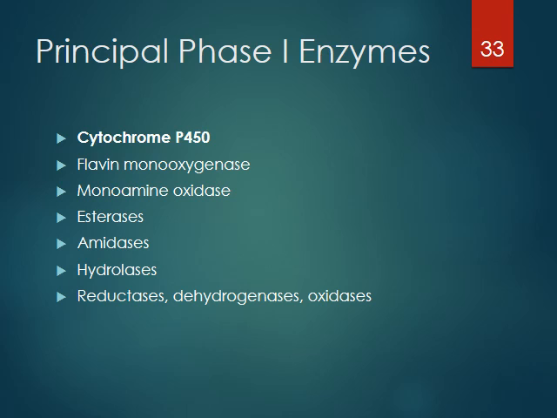Lots of different phase 1 enzymes are responsible for this, but includes things like cytochrome P450, which is the biggest one that we're going to talk about and the most important one to remember for testing purposes, for sure. But you can also see things like flavin monooxygenases, monoamine oxidase, which is important for catabolism of things like neurotransmitters, esterases, hydrolases, and all of that. Again, cytochrome P450 is probably the one that we'll talk about most just because of the fact that there's so many drug interactions that occur with it.